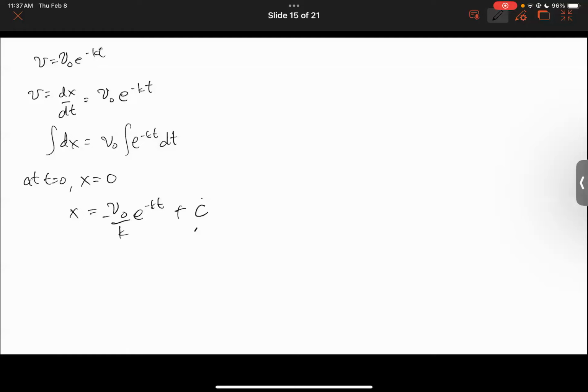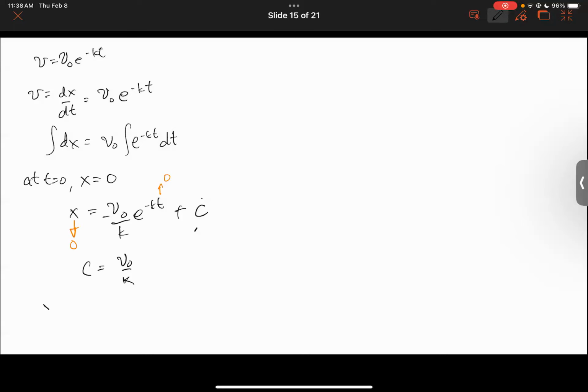So which means na yung constant ay equal sa, so this is 0, itong t na ito is 0, which means ang constant c will just be equal to v naught over k.